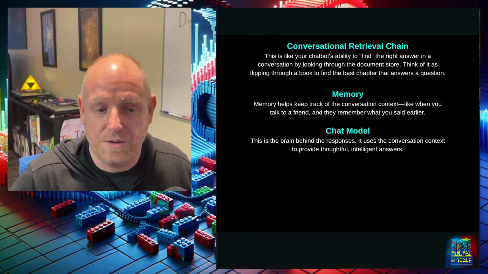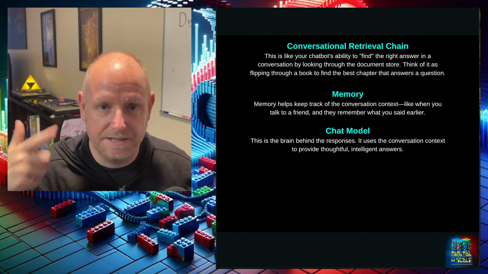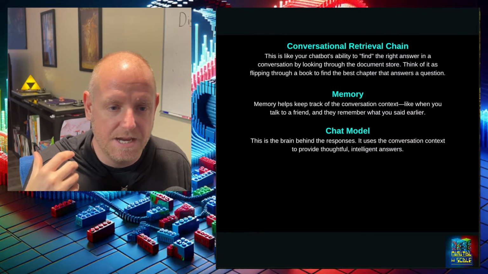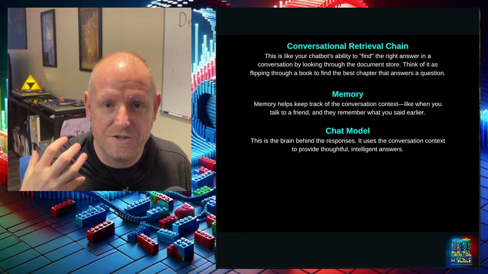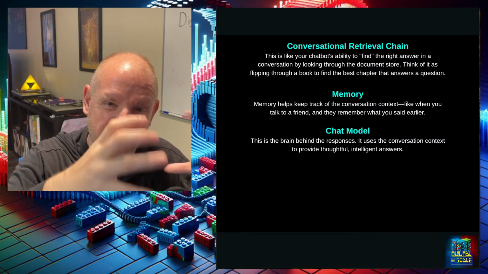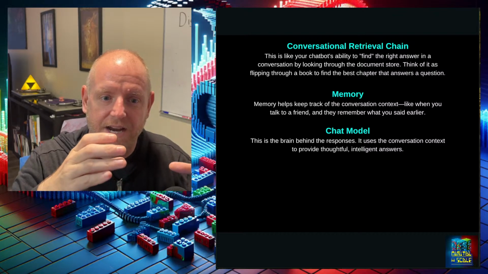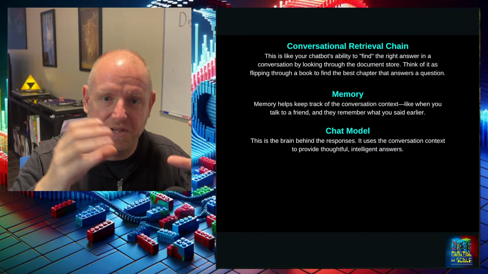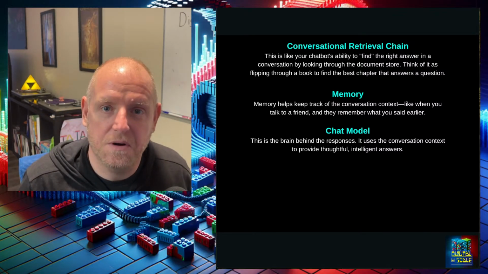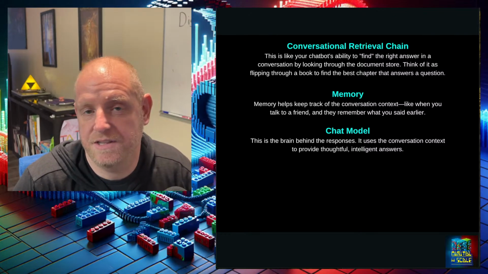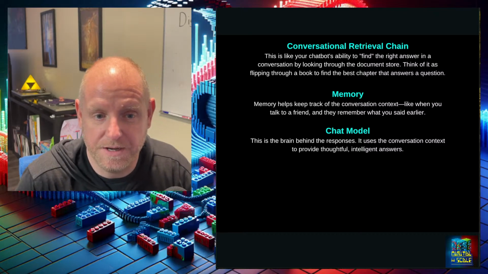So you want to make sure you have memory. The chat model. This is the brains behind the operation. This is your OpenAI. This is your Anthropic. This is what actually takes all of that loose information from the PDF when it gets there, and it says, here are 4 different pages that might be relevant to the question that the user asked, right?